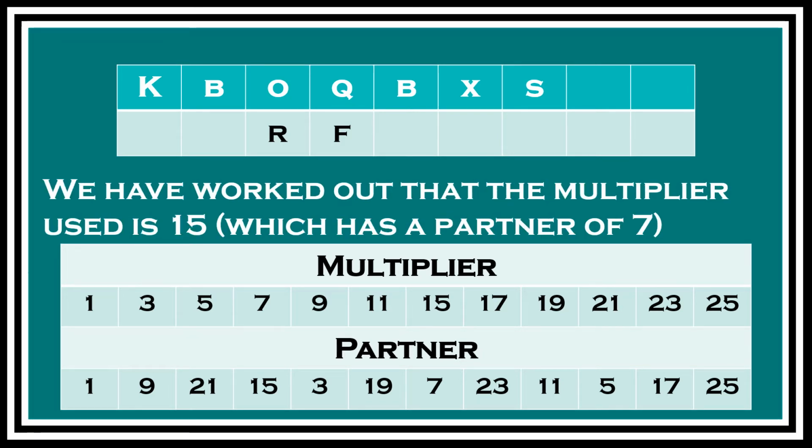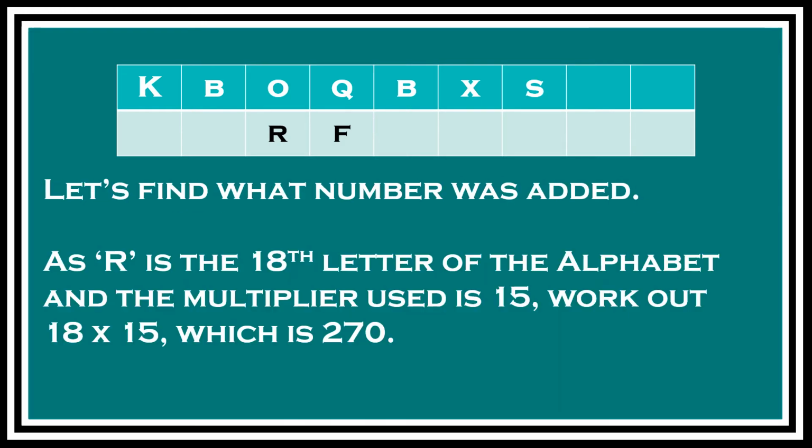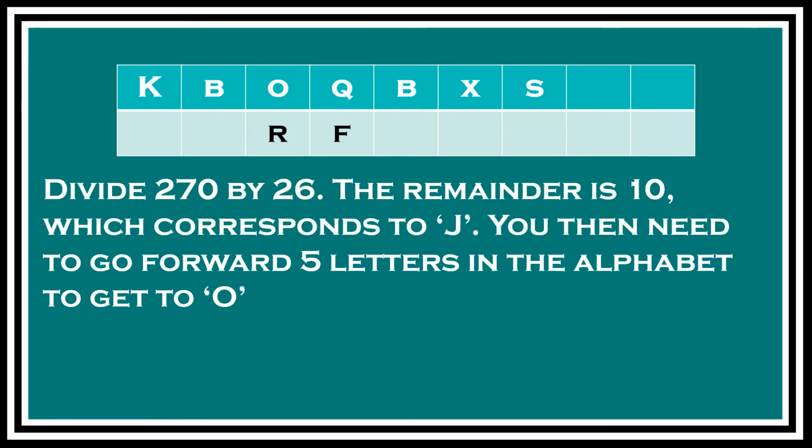Now we have worked out that the multiplier is 15, and if we use our multiplier partner table, the partner of 15 is 7. Let's work out what our Caesar shift was. So R is the 18th letter of the alphabet, and the multiplier used is 15. Work out 18 times 15, that is 270.